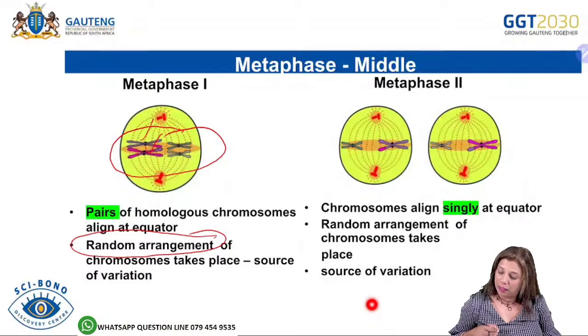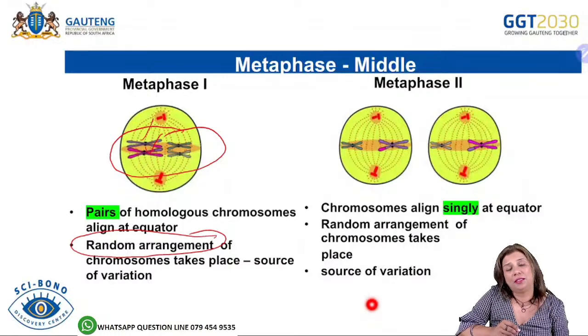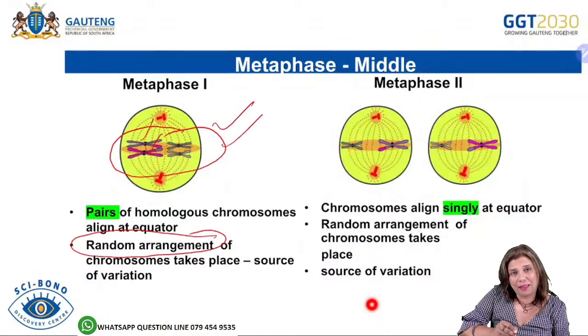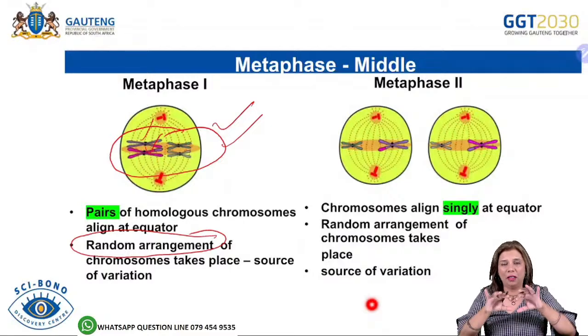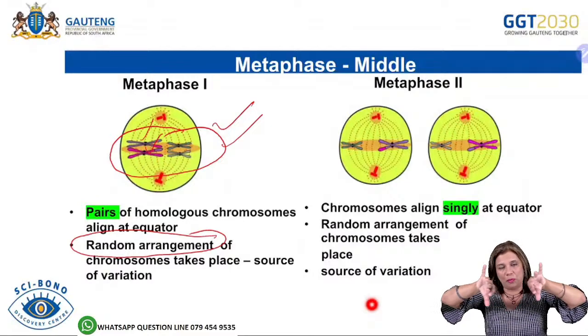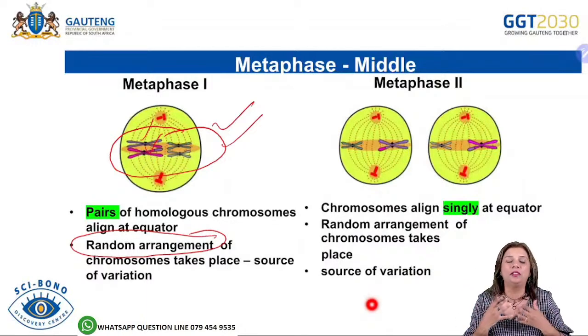And the random arrangement is what produces genetic variation. Okay? The fact that they are aligned here, it produces genetic variation, variety of the species, and also most learners think that, you know, it's during anaphase. You know, when they are moving, when the chromatids are moving apart, they are under the assumption that that is what causes genetic variation because they're separating.